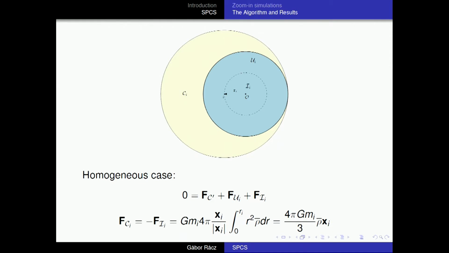And also this part, we call it U. If you also use Newton's shell theorem, we see that the force from this U is zero.